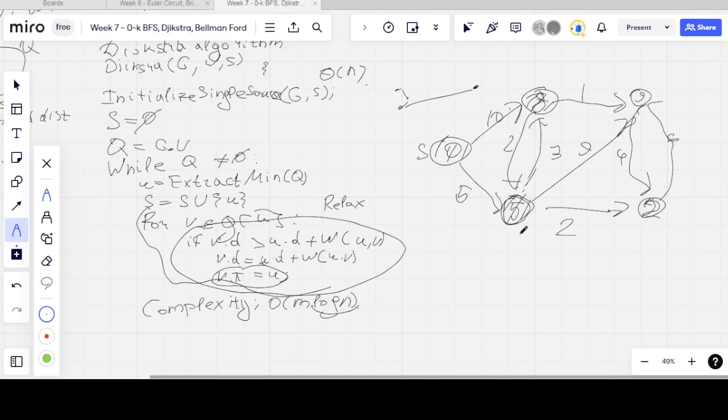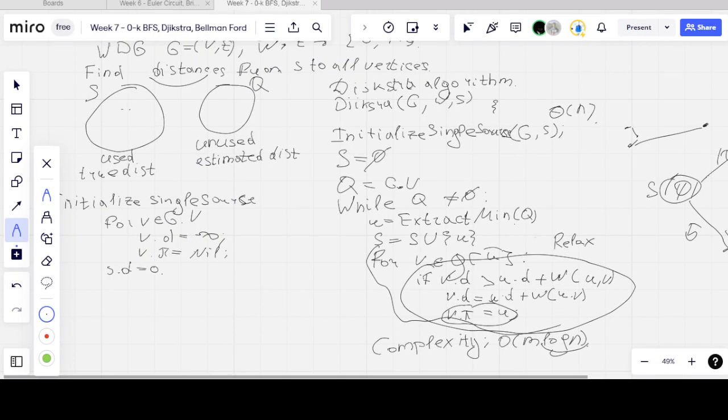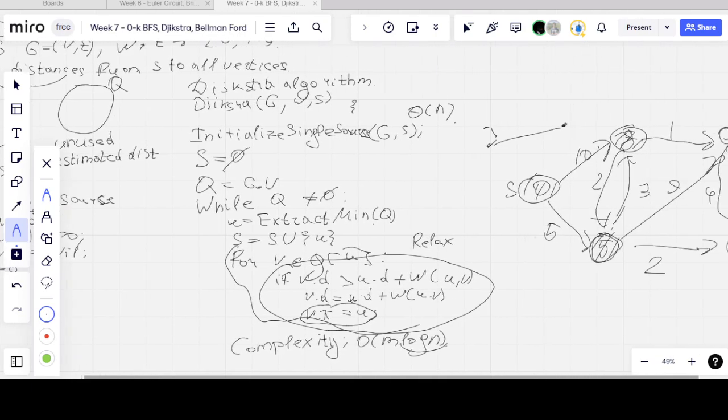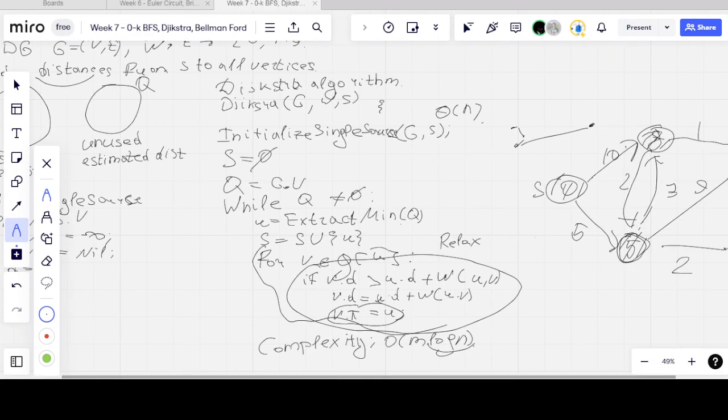So each time, in the minimum of this priority queue, we have the edge with the smallest path that goes to a vertex, and this will be the smallest path.